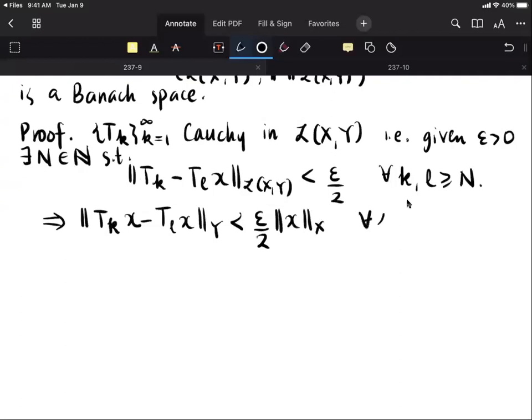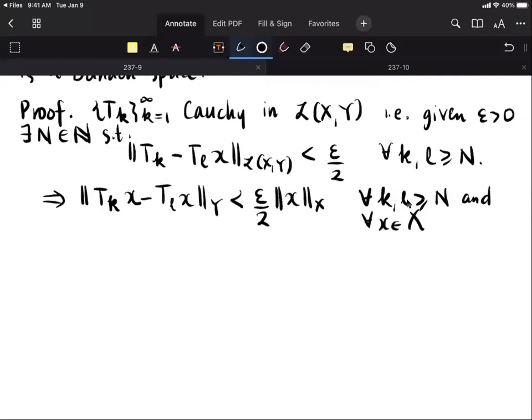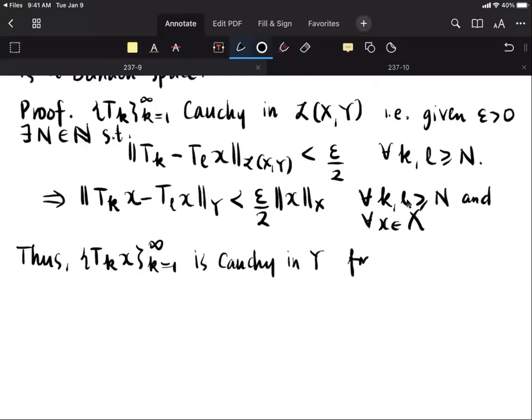This is true for any k, l greater than or equal to n, and for any x in your domain. This estimate implies that, given a particular x, the set of images is Cauchy in Y for each x in your domain.